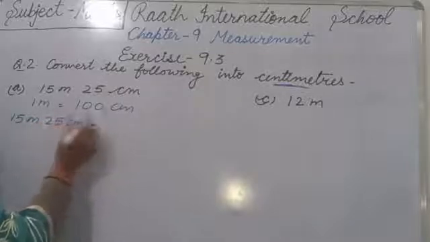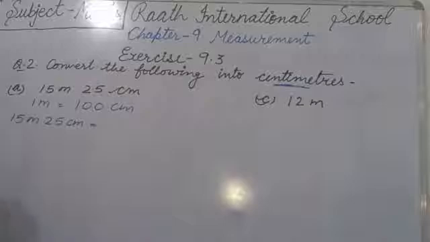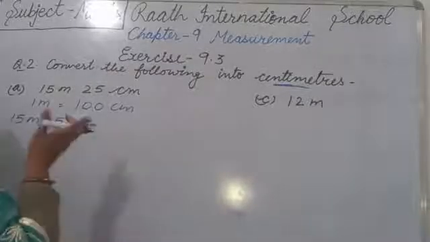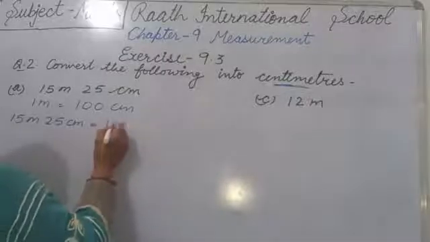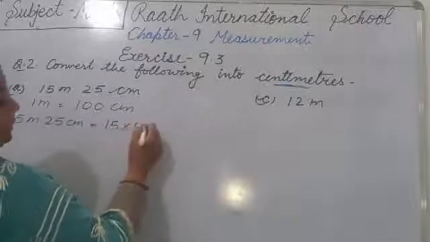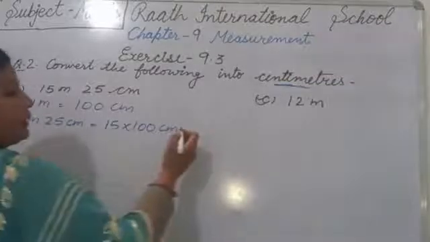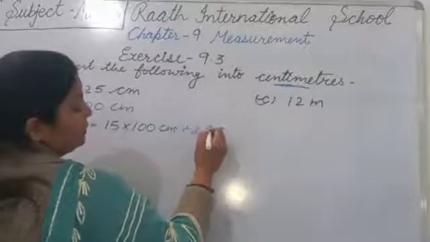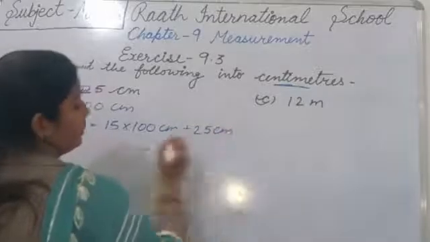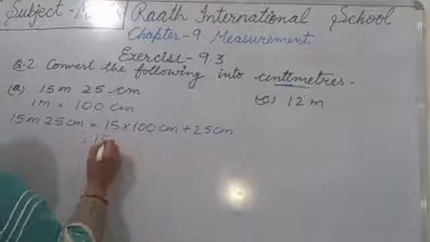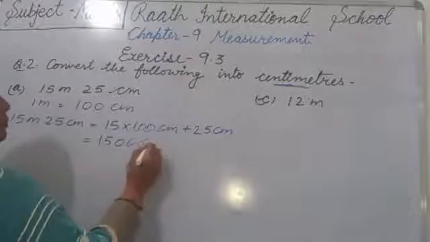So as I told you, whenever we convert big unit into small, we always multiply. So meter to centimeter we will multiply. So 15 multiply by 100. Now it's become centimeter. And 25 is already centimeter, so plus 25 centimeter. Now 15 into 100, it's become 1500 centimeter.